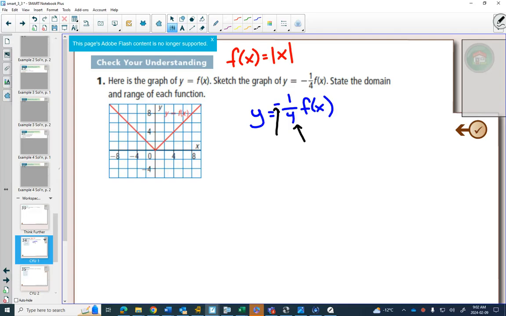Are you okay if I use v for vertical? Seems logical. And I'm going to use r for reflection. Perfect. That's a negative, right? A negative is a reflection. So I'm going to say that negative is a vertical reflection, and then underneath it, I'm going to write the algebra. What happens with the vertical reflection? You're going to multiply your y by a -1.